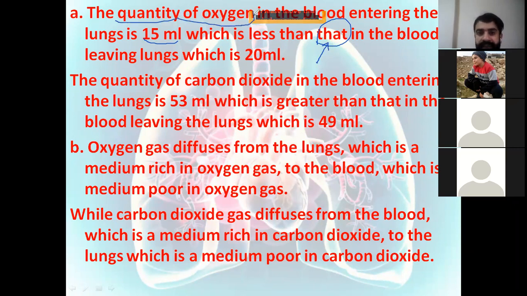So instead of saying the quantity of oxygen two times, I can use the word that. So the quantity of oxygen in the blood entering the lungs is 15 milliliter, which is less than that.